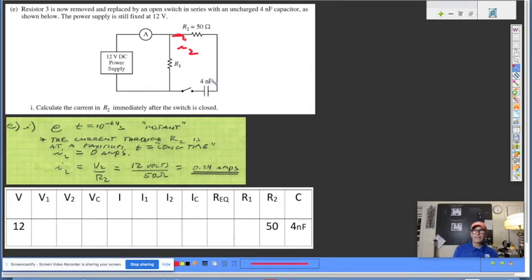And then over time, as the capacitor begins to fill up, current will cease to flow through that part of the circuit. And after a long time, the current will just circulate through that loop.